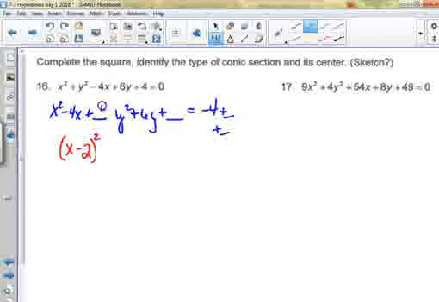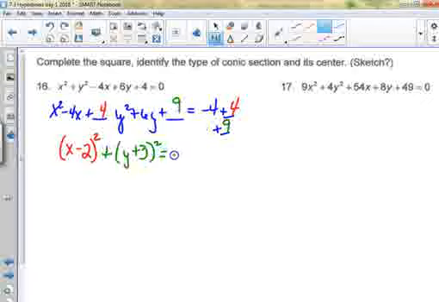X minus 2 squared with a plus 4. Okay, what about this one? Somebody? Squared with a 9.